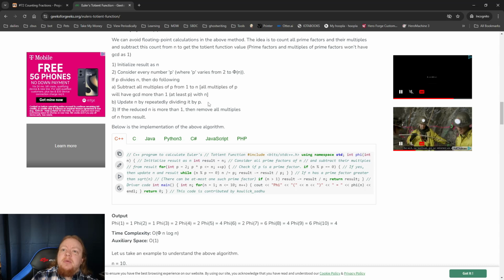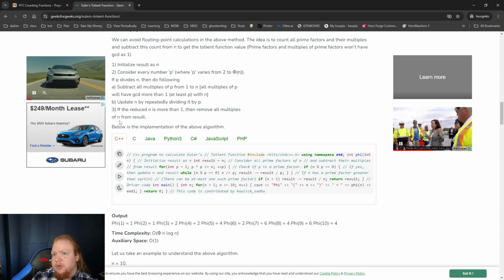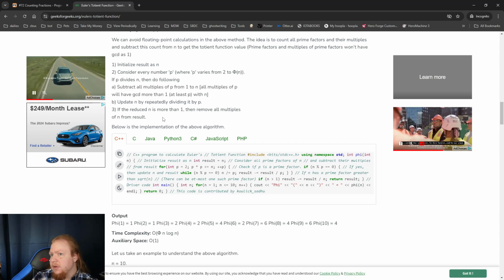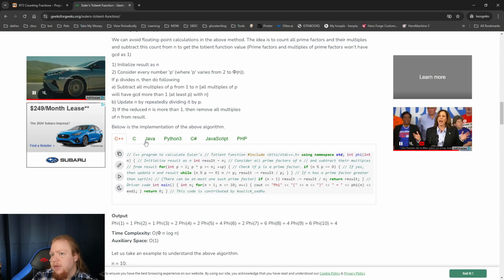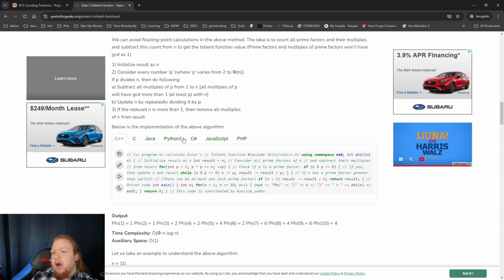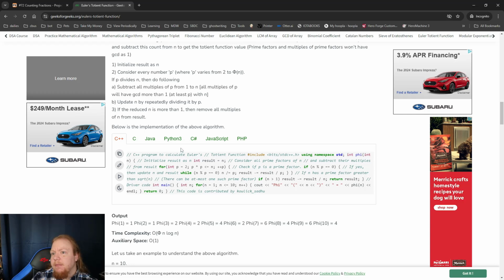Update n by repeatedly dividing it by p. If the reduced n is more than 1, then remove all multiples of n from result. So I can't see the other languages, unfortunately. I don't know exactly why, but the website appears to not work. But that's basically what we are doing.